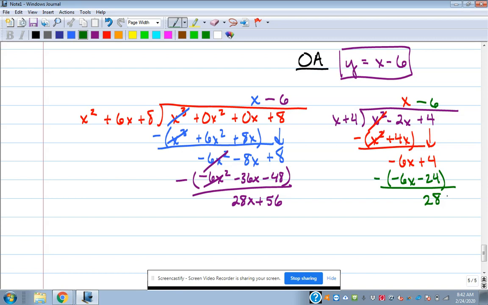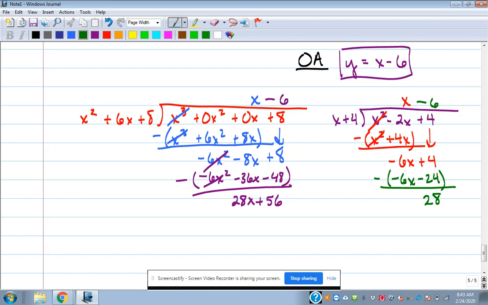Again, same quotient, just done from a smaller problem. Doesn't matter which one you do, just keep in mind that if your simplified version has more than one factor on either top or bottom still, then you've got to multiply that back together before you do your long division. All right. Either way, you still get the same thing. And it should always be y equals mx plus b form for an oblique asymptote.